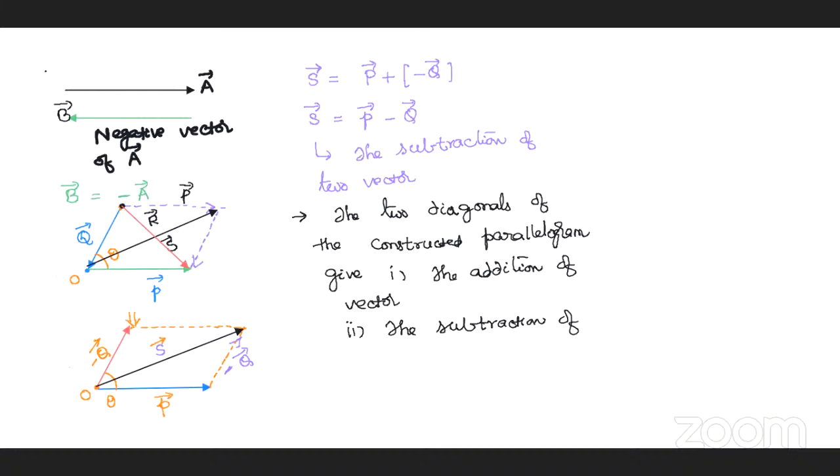This is the advantage of constructing the parallelogram. In the parallelogram, both the diagonals are useful for us. One gives addition, the other gives subtraction. The diagonal originated from the same point gives addition. The other diagonal here gives subtraction.